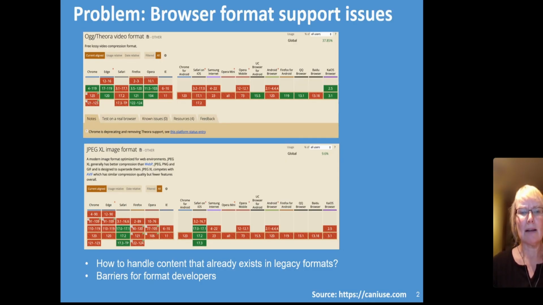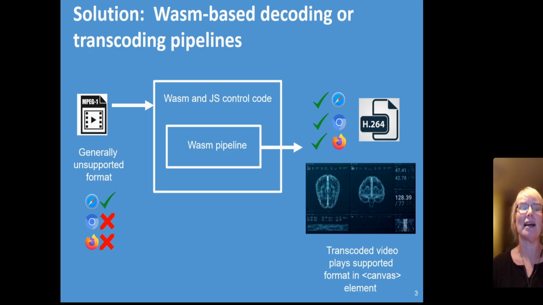So we are addressing this problem, as I think must be obvious to everybody here in a WebAssembly workshop, by inserting a decoder or transcoder built in WebAssembly between the legacy or brand new formats that are not supported by certain browsers.